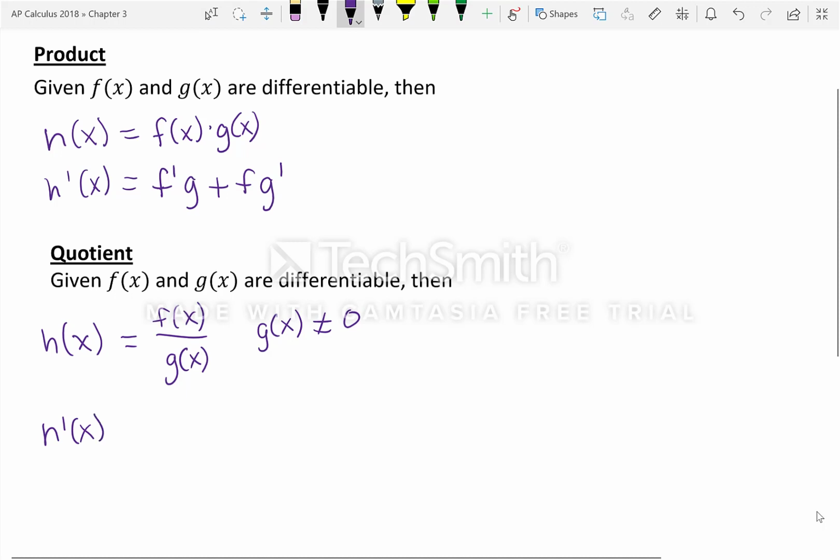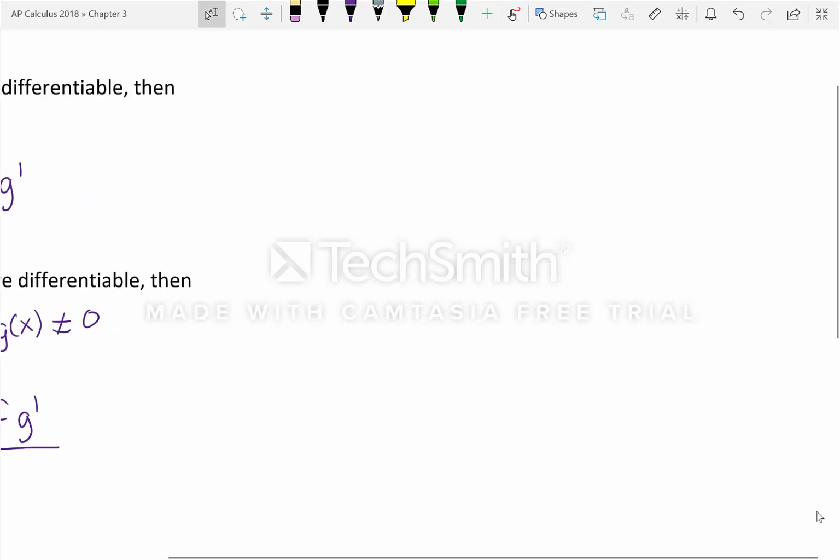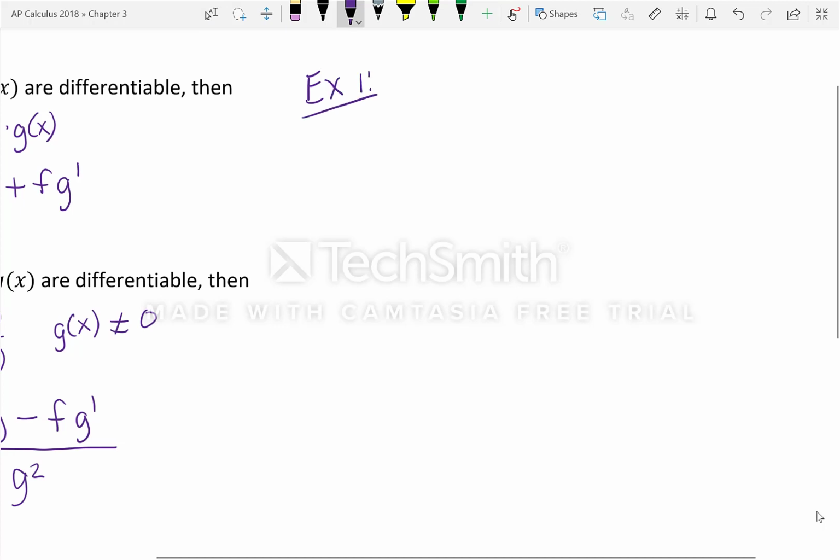If you want to take the derivative of h here, or this quotient, you would do the same pattern, f prime g, except we subtract, we don't add, f prime g minus fg prime, and then you divide by g squared. Okay, so the derivative of h in this case would be f prime g minus fg prime all over g squared. So let's just see a couple examples here for practice.